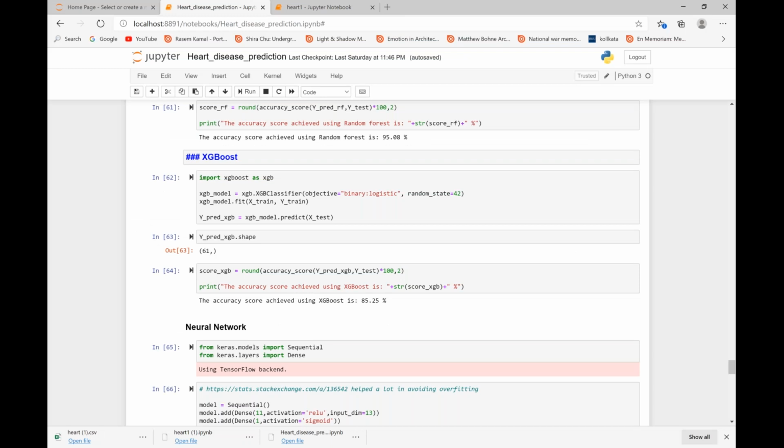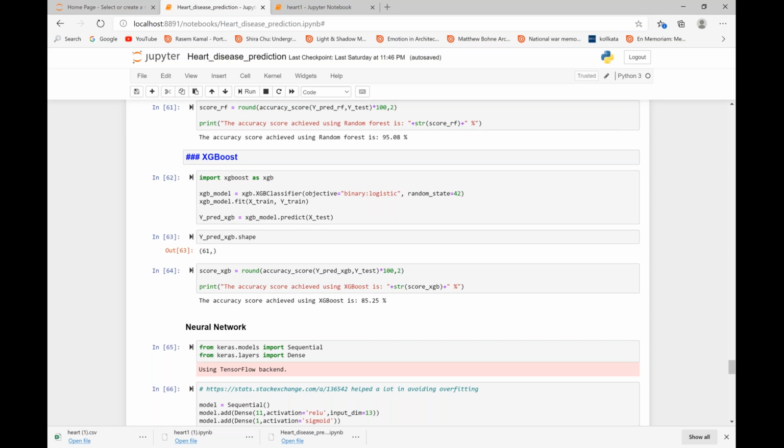Here in the code, we have used one of the parameters called objective equal to binary logistic. Objective defines how the loss function is minimized. The loss function is minimized by using logistic regression for binary classification, and it returns the predicted probability and not the class.